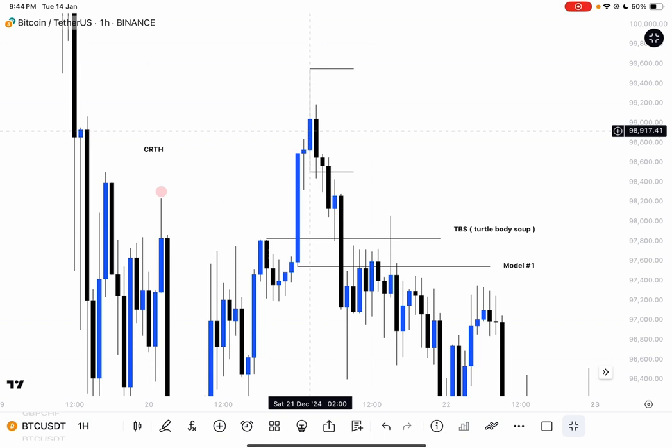I am talking about the model 1 candle only. Everyone may wonder, bro, the wick is 0.55 and the body is 0.50, the wick is greater than the body.